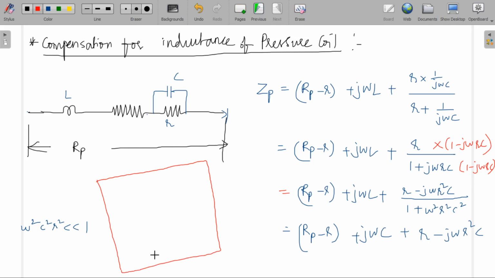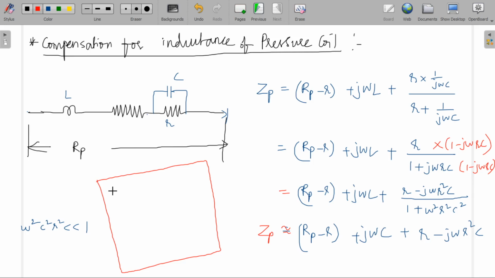So Zp after neglecting that term is approximately equal to that. To nullify the effect of this inductance, we make the imaginary part equal to 0.